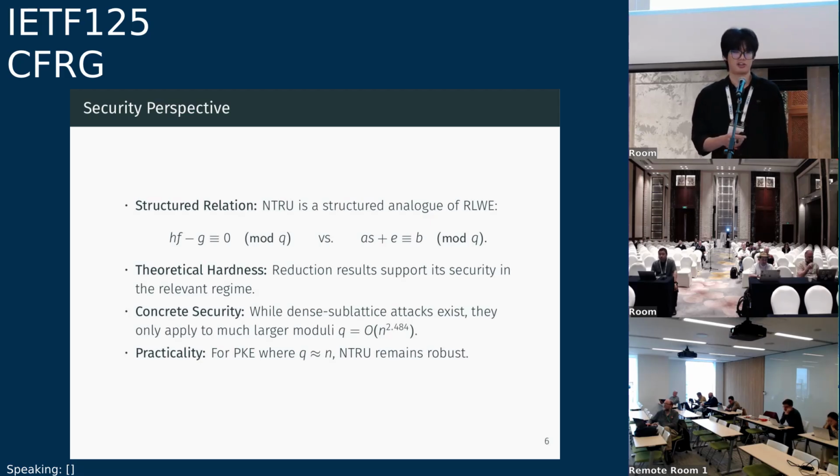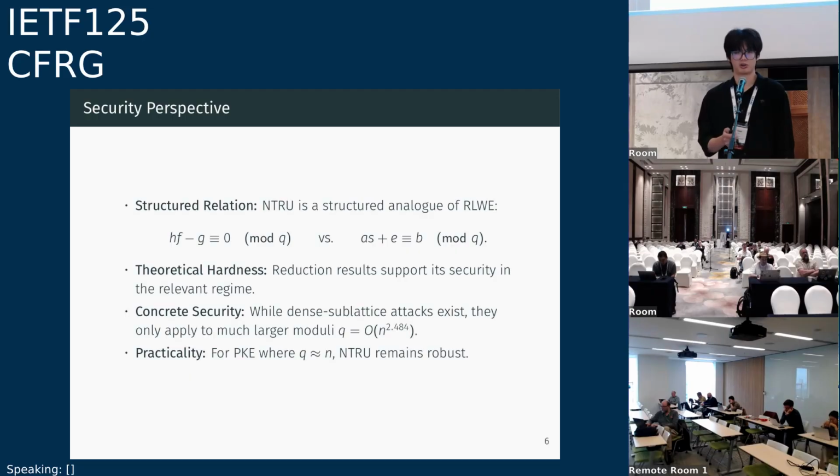The left is NTRU, h times (f, g) equals 0, and the right is ring LWE, a times (s, e) plus e equals b. Well, NTRU can be realized as a special ring LWE with b equal to 0. So they do have some relation. NTRU maybe can be seen as a ring LWE with a special factor.